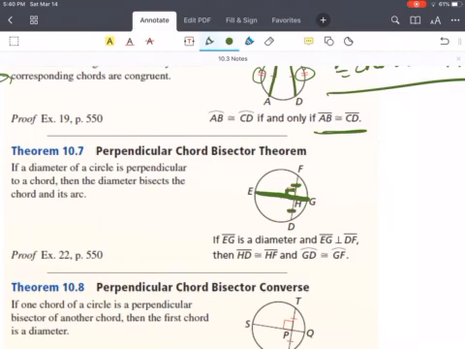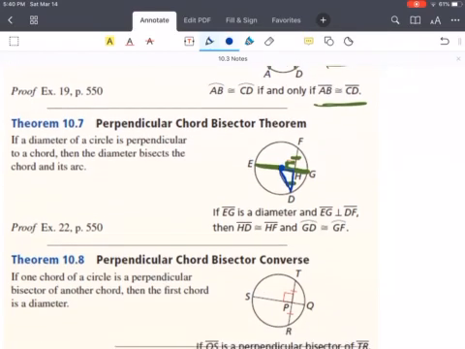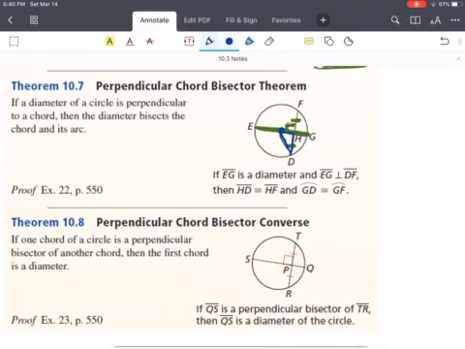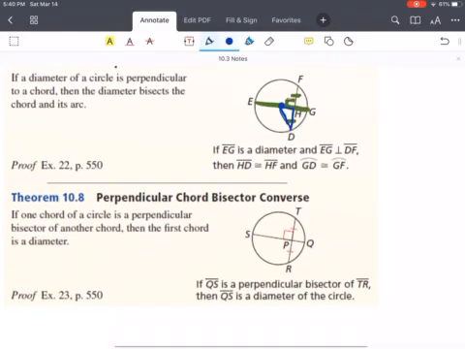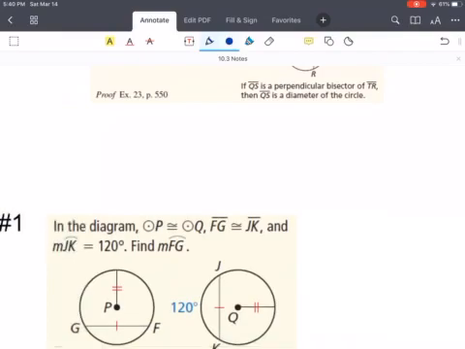That's going to help as we have finished the chapter with right triangles. If we think about drawing in a radius, we now have a right triangle. So some of those things are going to come back into play. And then this one is just in the opposite direction: if it bisects, then it is perpendicular as well.